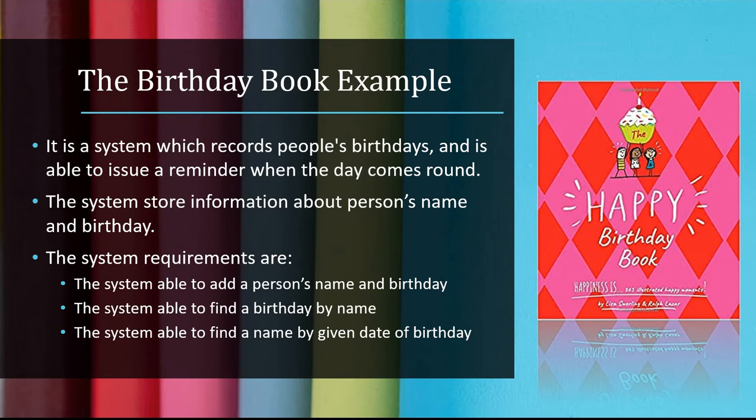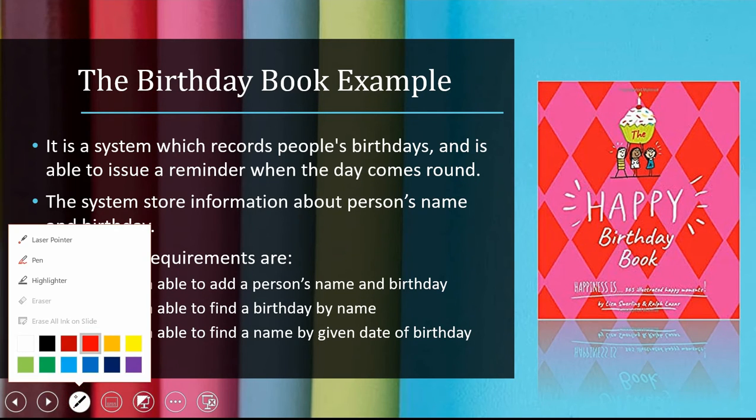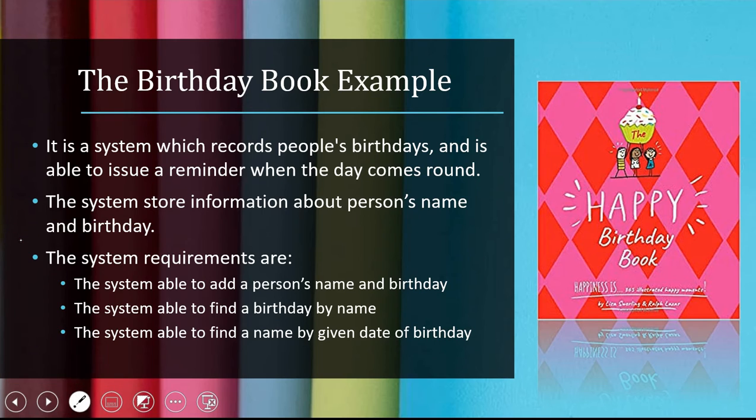So this is the example. Maybe all of you know what a birthday book is. A birthday book is a system that records people's birthdays. We record only two pieces of data: the person itself, and the date.